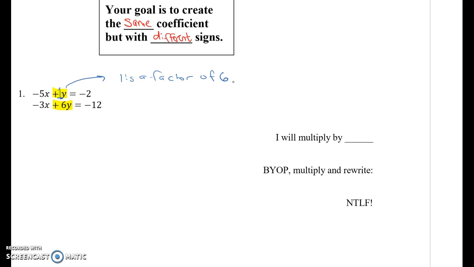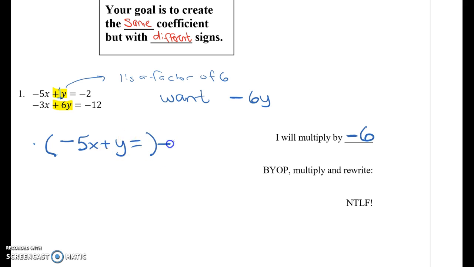So I'm going to multiply this entire equation by the number that makes me have what I want, which is -6y. So I'm going to multiply the whole equation by -6. So I'm going to BYOP -5x plus y equals -2.